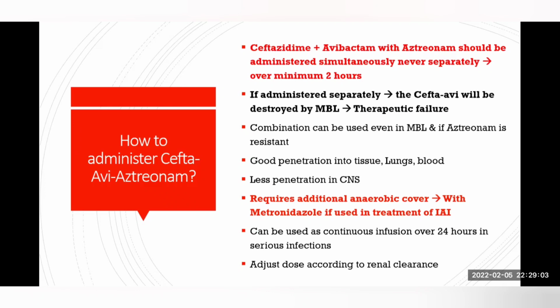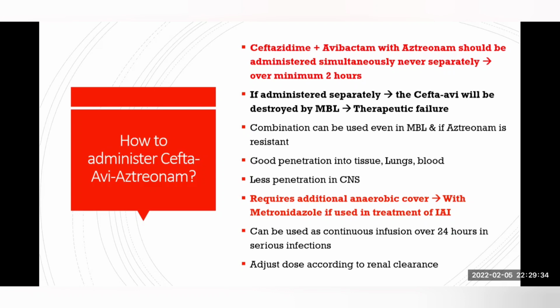So you have to administer simultaneously and never separately, and over a minimum of 2 hours. To avoid the therapeutic failure, you can take the same ceftazidime-avibactam lyophilized powder and your aztreonam powder, both of which can be included in the same NS bottle, and then that could be used for administration.